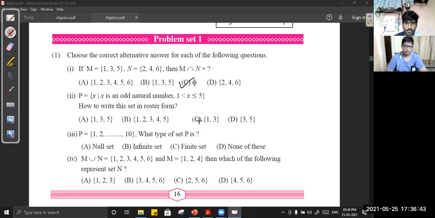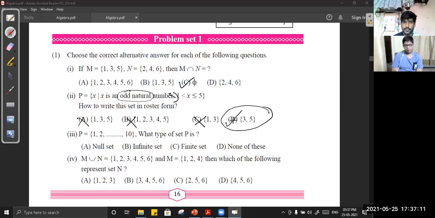Which one is it? D. Yes, correct. D, {3, 5}. Because 1 is not included, A cannot be, B also no and C also no. So the only option left is D.